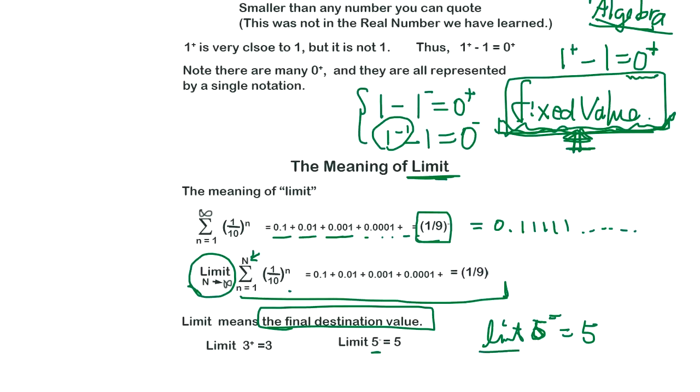Say this is 5, and my number 5 minus is here, no, here, no, here, no. Infinitely close to 5. If you go all the way on the infinite path, where does it go? It goes to 5. So the final destination value is the limit. That's how you understand the limit.